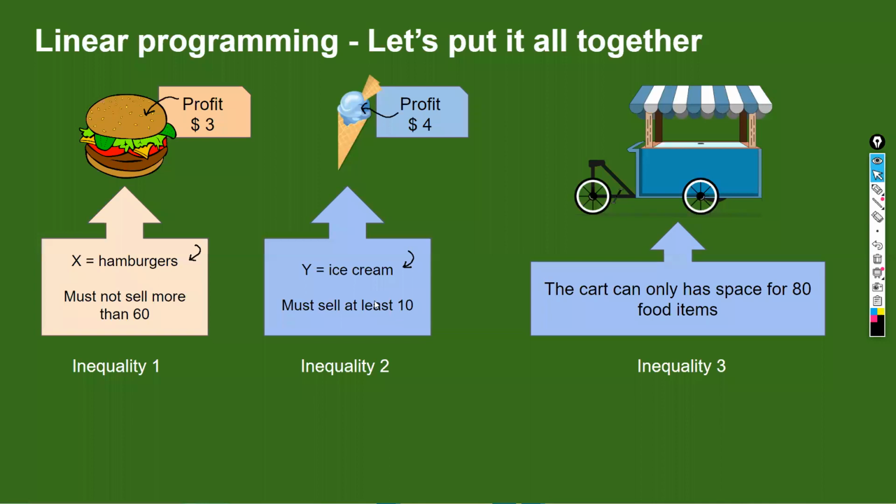Now, let me explain why sometimes you have to sell over a certain amount in order to stay in business. Whenever you're buying from suppliers, for you to be sold to, you have to prove to your supplier that you could sell a certain amount a day. Otherwise, they will not waste time delivering the ice cream to you.